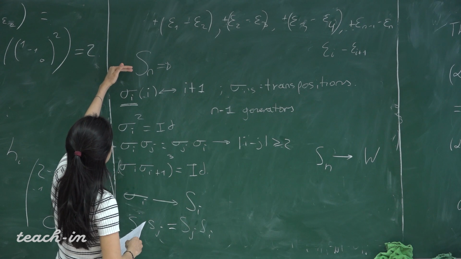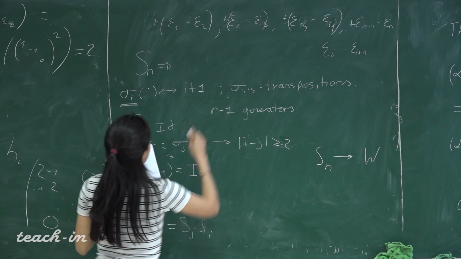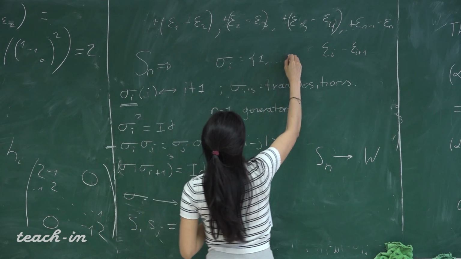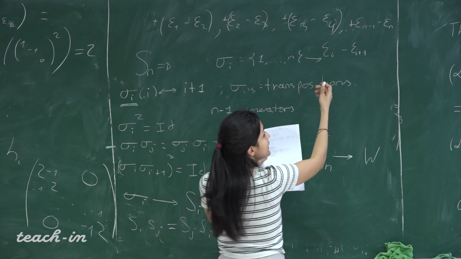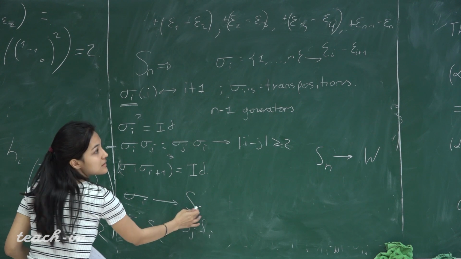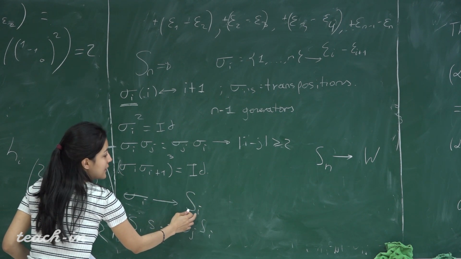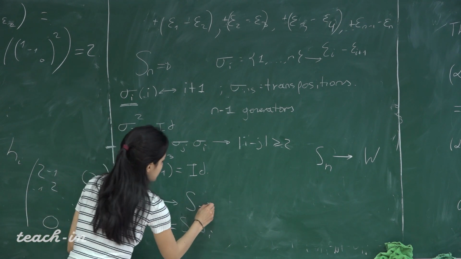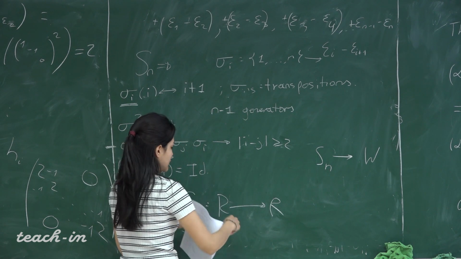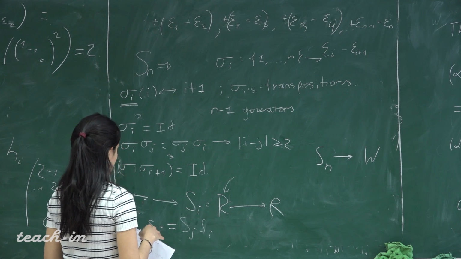The problem is that in this S_n each transposition is a map from n elements to n elements. And here I need to fix this thing for S_i.